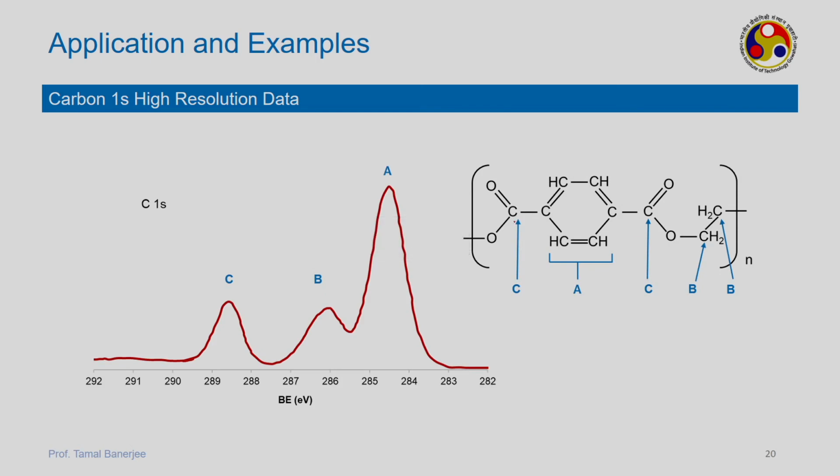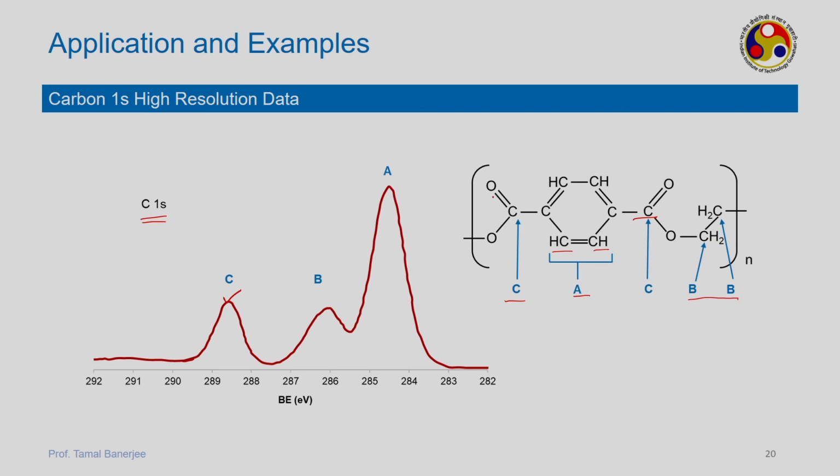See, there is one carbon atom which is sitting here, and it comes out here. Then you have both of these equivalent, C-H and C-H, they are all equivalent, A. Then again C comes, this is C. This is the C1s orbital. Again, I am only plotting the 1s orbital of the carbon atom, and then you have C-H and C-H, which is B. So what are the different types of atoms you can see?